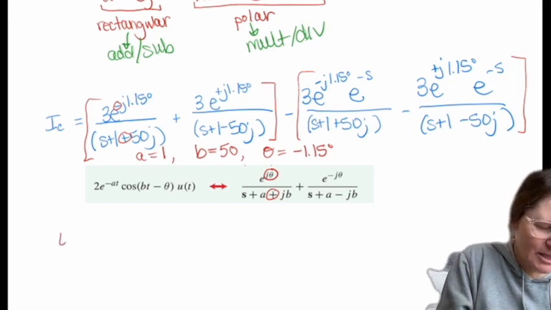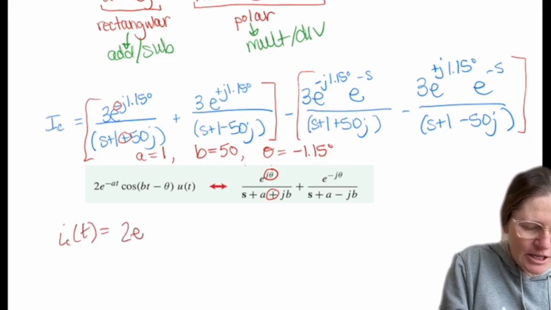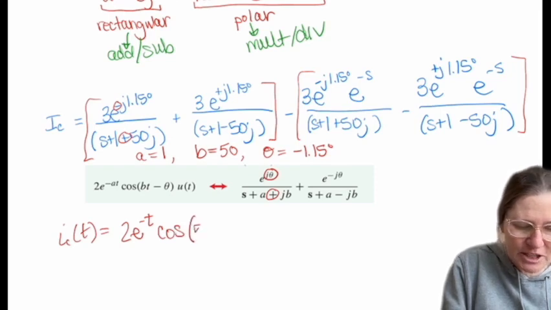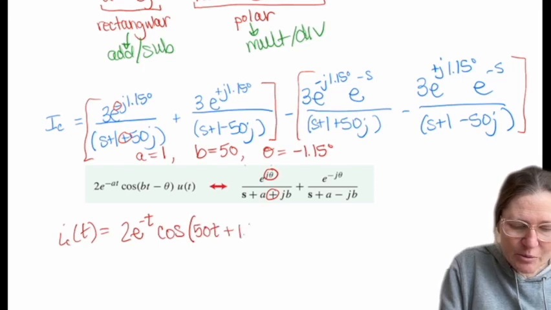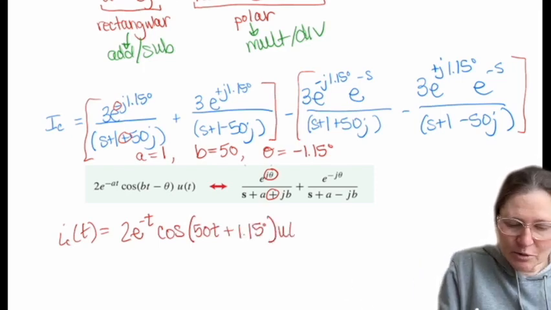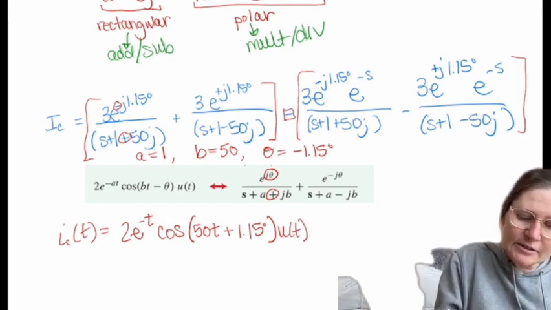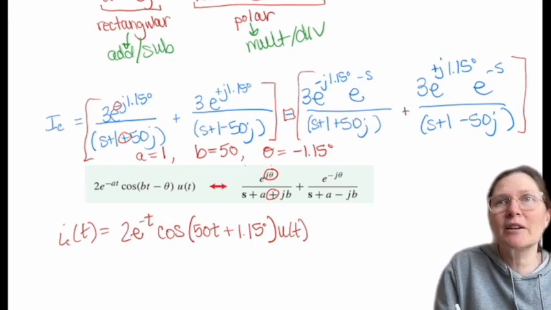So this is going to be IC of t. And it's going to be 2e, and then we just said that A was 1, so minus t. Cosine, B was said to be 50t. And then a minus minus, so a plus 1.15 degrees. And then this will be u of t. And then we have to take that minus, so this will be minus that whole thing.